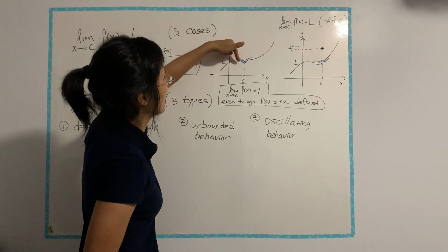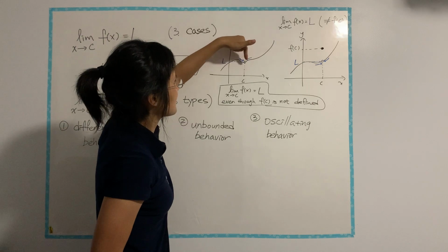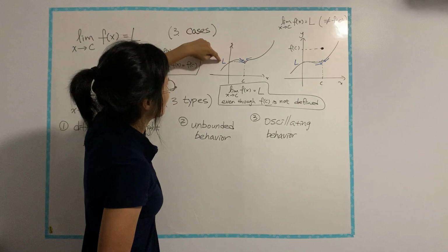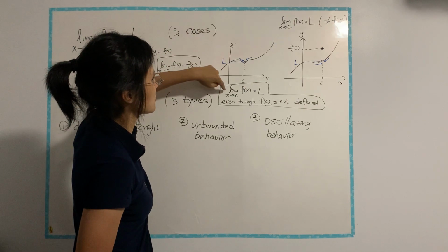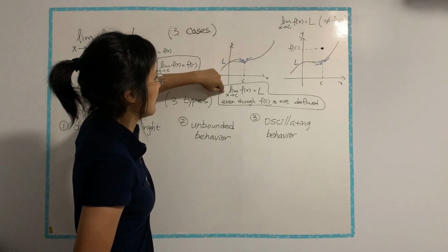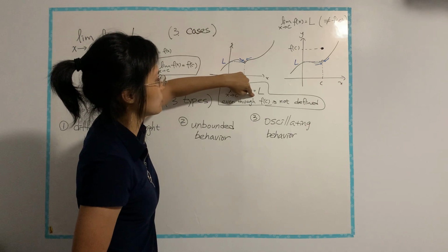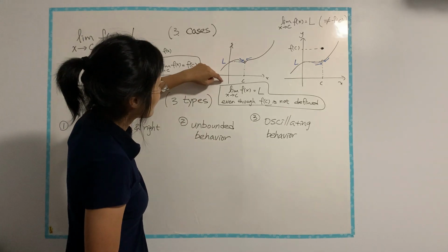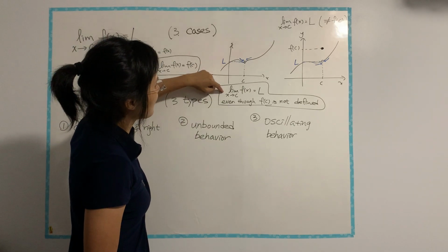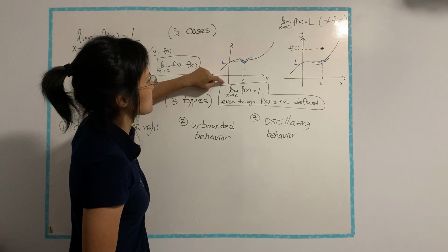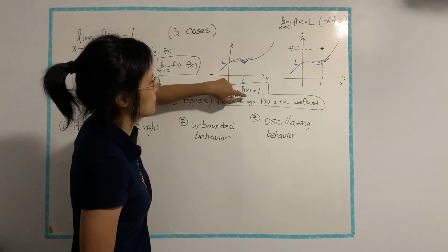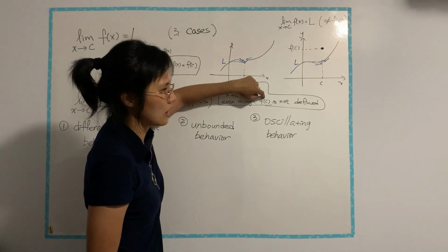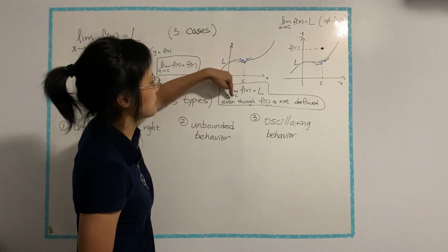However, you can see that for both the left hand side and the right hand side, they have the same behavior. They meet at this value L. So in this case, we still say the limit exists and the limiting value is equal to L. So here I'm not being super precise because I should have said the limiting value of f as x approaches c is equal to L. Okay, so when I write, I have to be very precise.